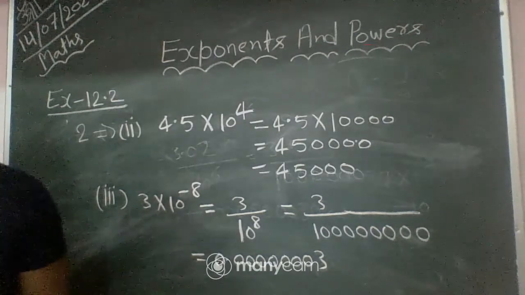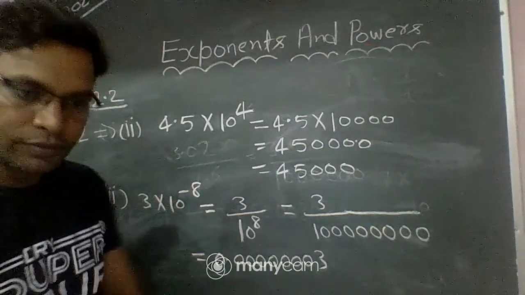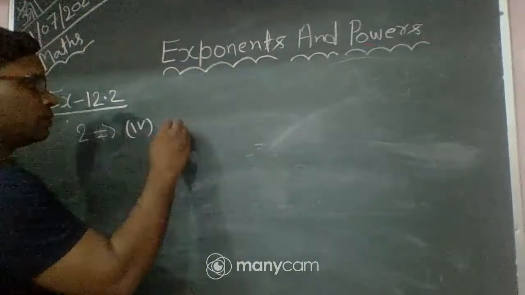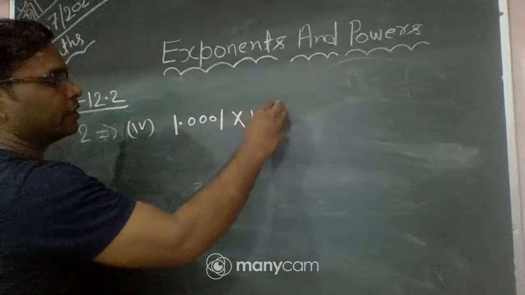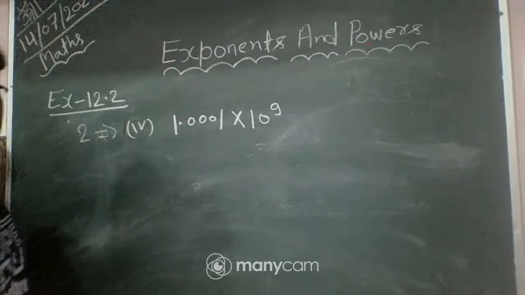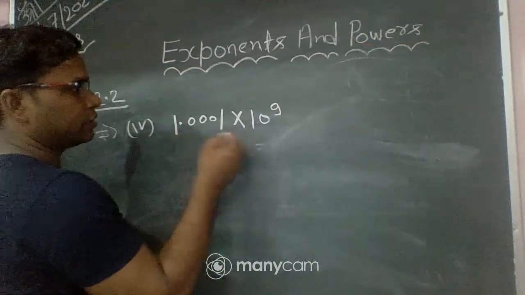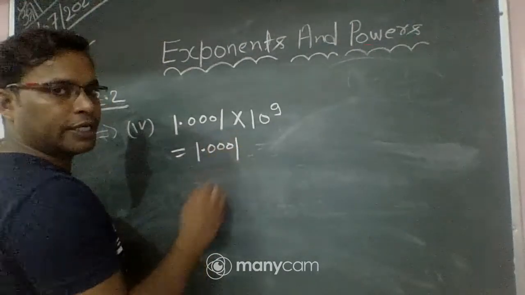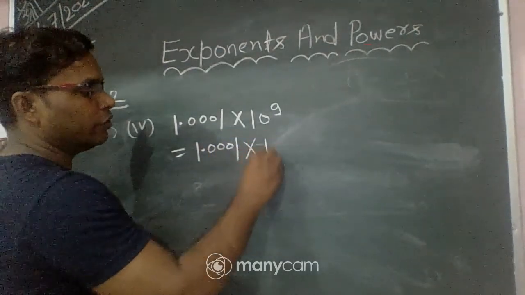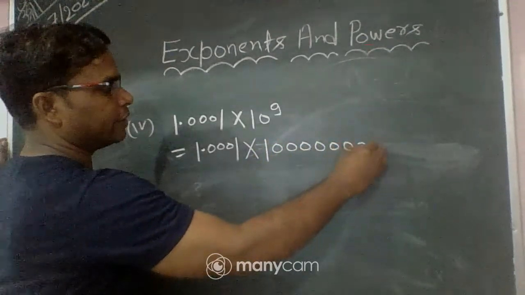Now the fourth part of this question 2 is 1.0001 into 10 power 9. So you can write 1.0001 as it is, and 10 power 9 is 1 with 9 zeros, 1, 2, 3, 4, 5, 6, 7, 8, 9.